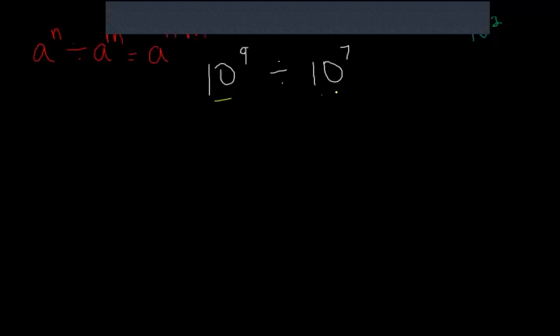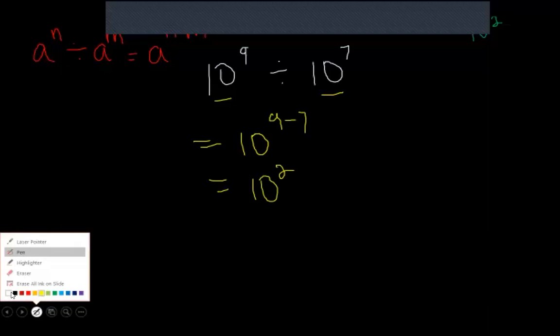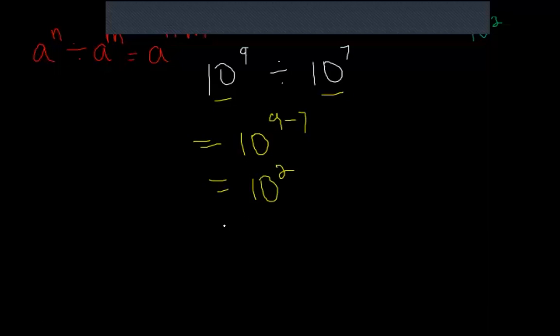They're both 10. And that's why I could say 10 to the power of 9 divided by 10 to the power of 7 is going to give me 10 to the power of 9 minus 7, which is equal to 10 squared. But of course, if they ask you to simplify, and you could simplify further, you should simplify further.